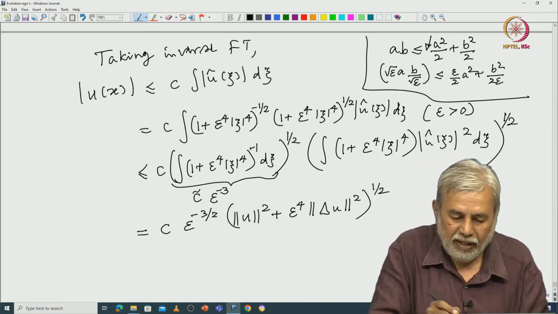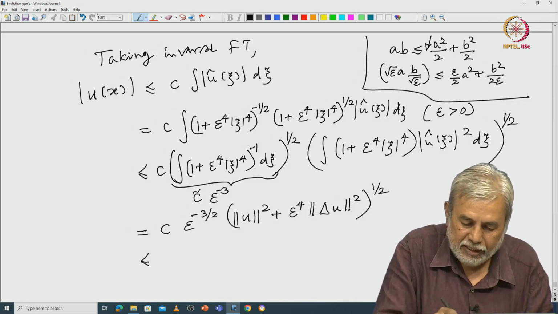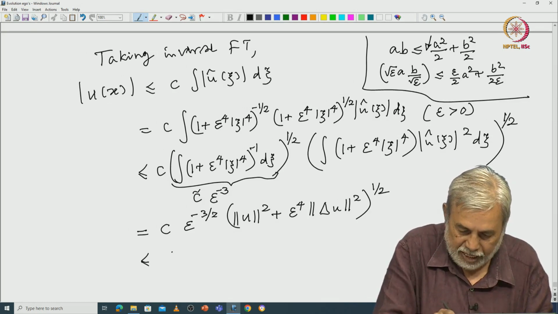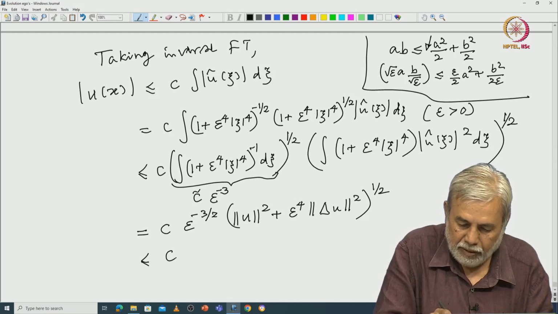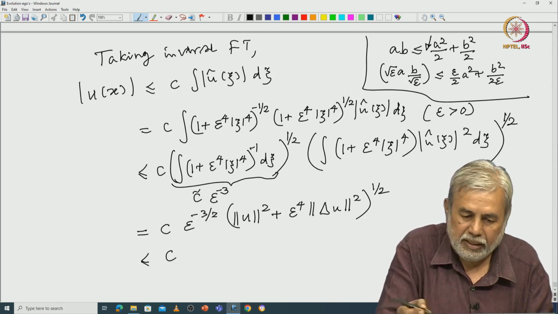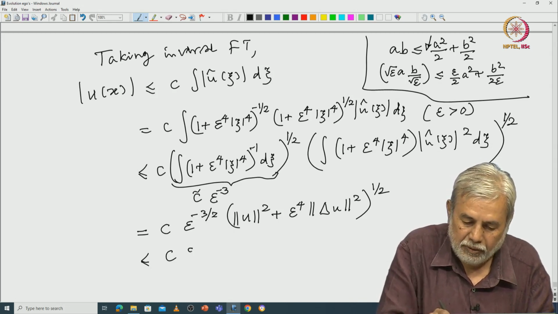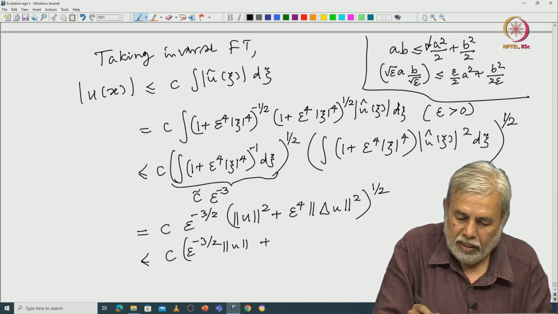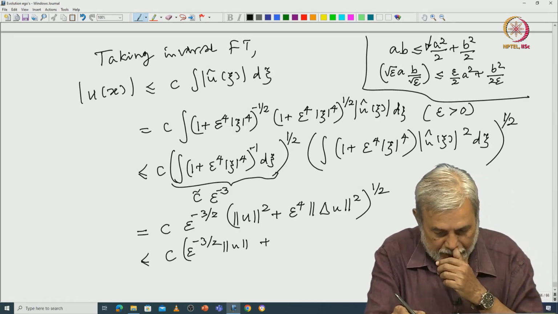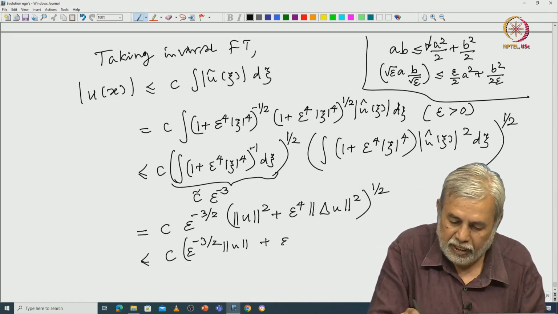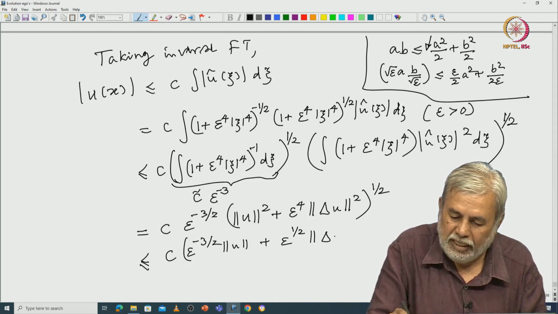And finally, you see this is just C1, same thing, epsilon to the minus 3 by 2 norm u plus epsilon square here. So, that is why you get epsilon to the half. So, this is the crucial estimate.